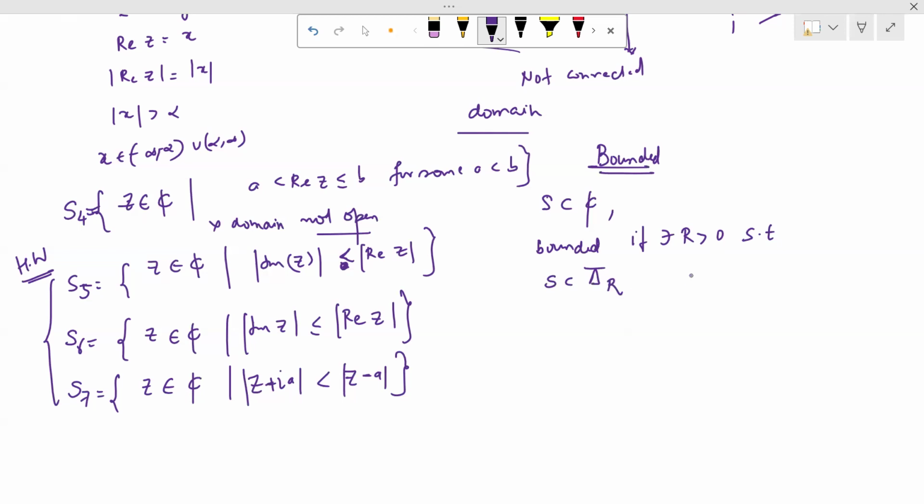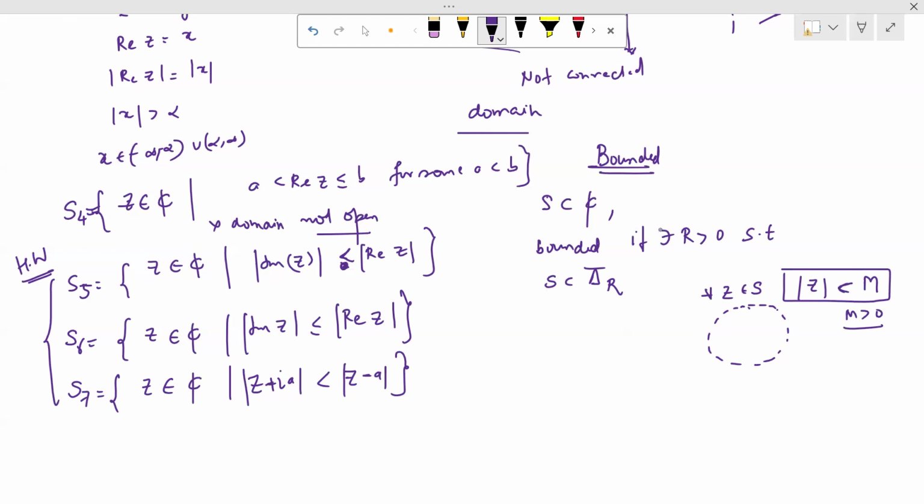So basically, what does it mean? It means that if you're saying that your region S, or subset S, is bounded, then it must be contained in some closed disk. Otherwise you can write that all the elements belonging to set S satisfy, in this fashion, less than some M. So for all Z belongs to S, if modulus of Z is less than M and M is greater than 0, we say that the set S is bounded.